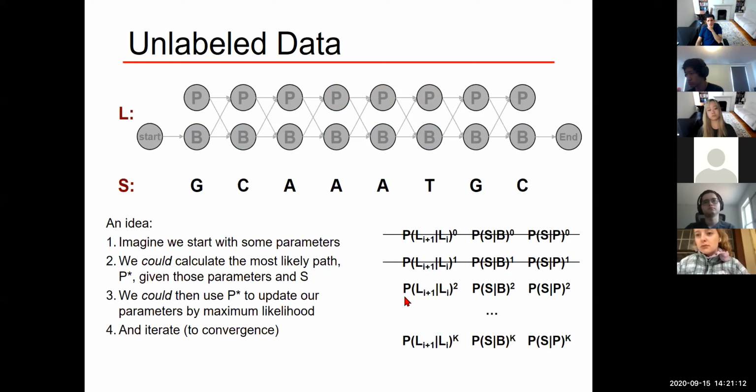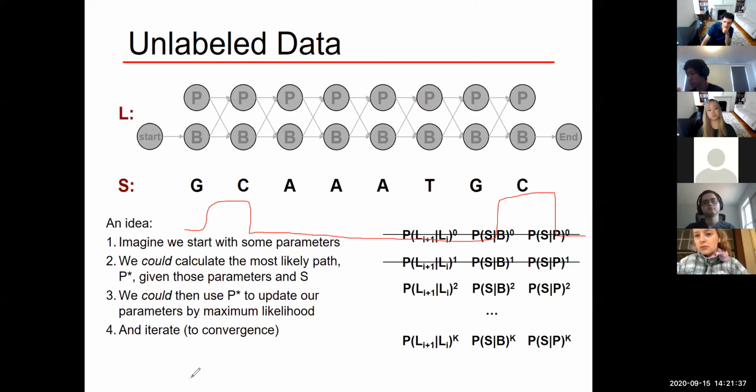Okay, so why is this even working? The reason why it's working is because if you look at your sequence itself, it might actually have some regions that are very high GC, and then long space in between, and other regions that are very high GC and long space in between.